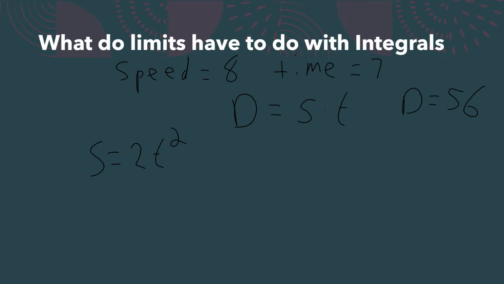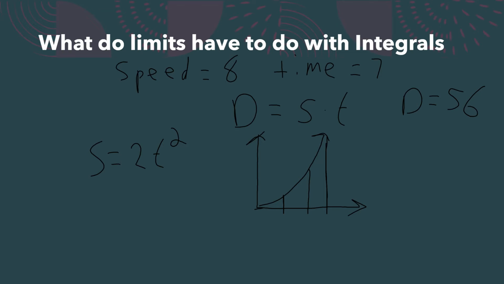What's happening here is that the speed changes over time. If we look at a graph, this is the speed over time. It's increasing, so the distance we travel from here to here is not as big as the distance we travel from here to here or from here to here.